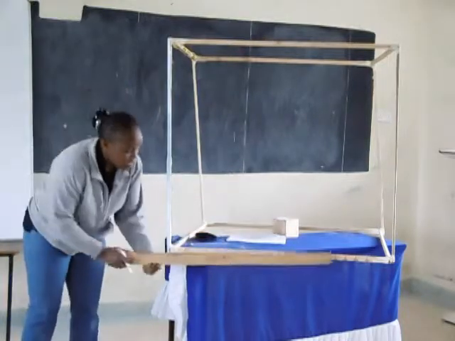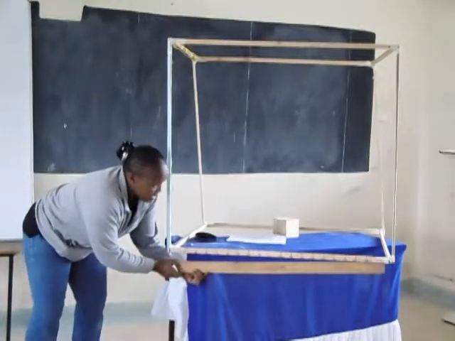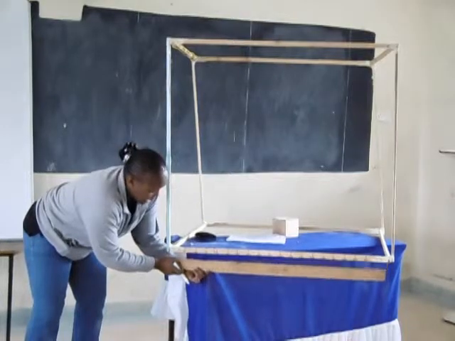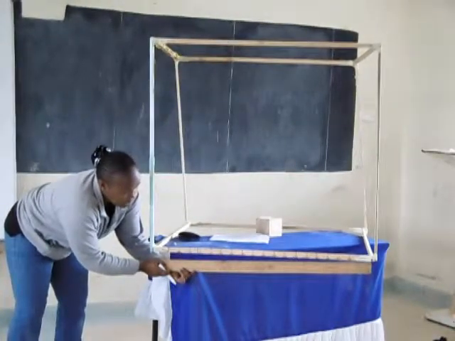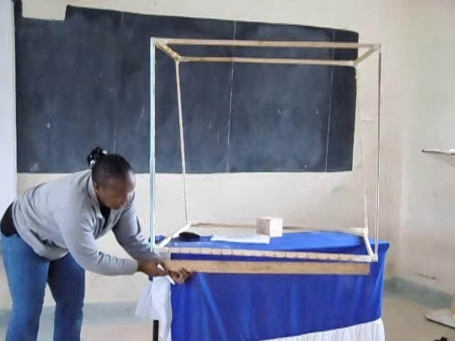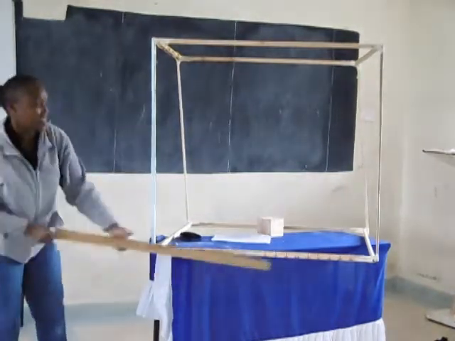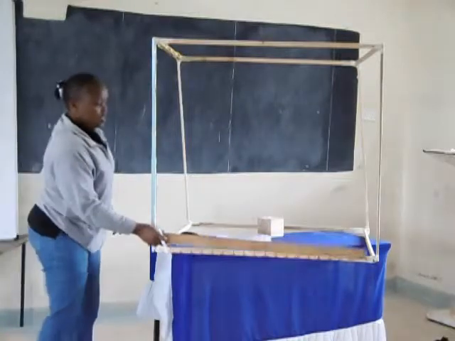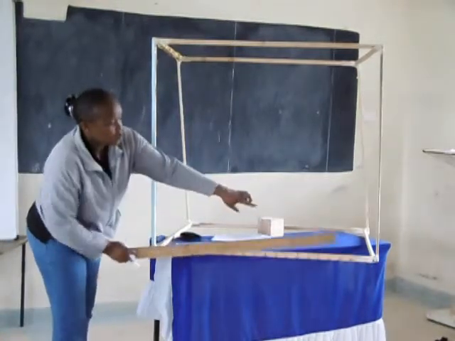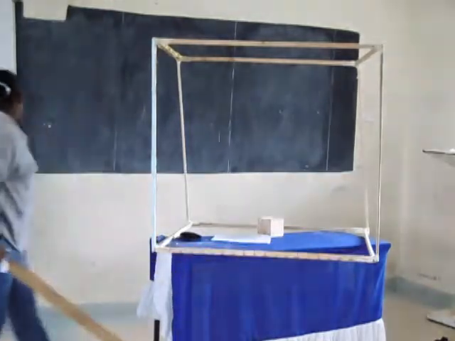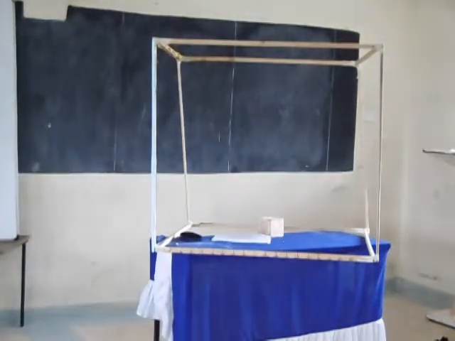If I place the ruler right under our length, you will see that the readings are coinciding. They are the same. So this side is 1 meter. From our ruler here, 1 meter is 100 centimeters.